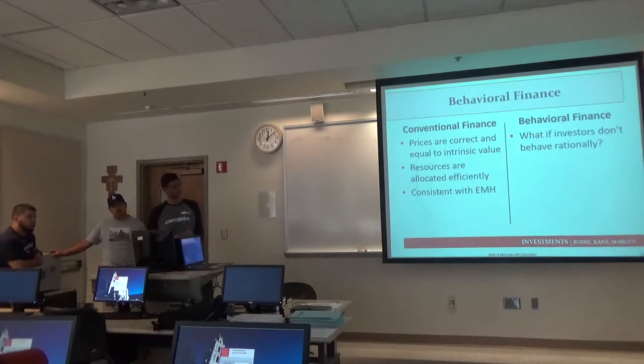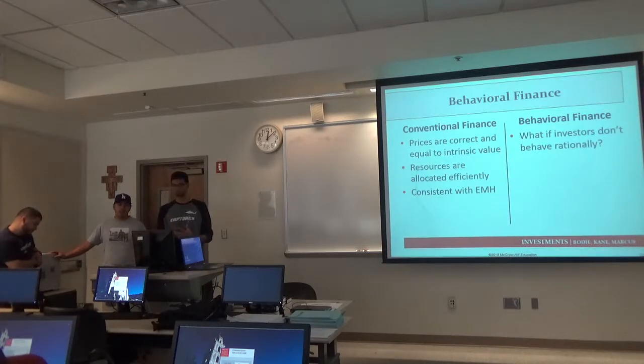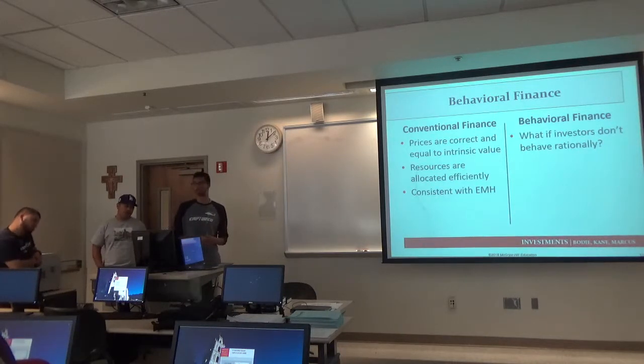Here are some differences. Again, in conventional finance, prices are correct all the time and reflect the information. However, in behavioral finance, the main kickback is what if investors behave irrationally and are subject to the biases they have growing up, such as fear, for example.